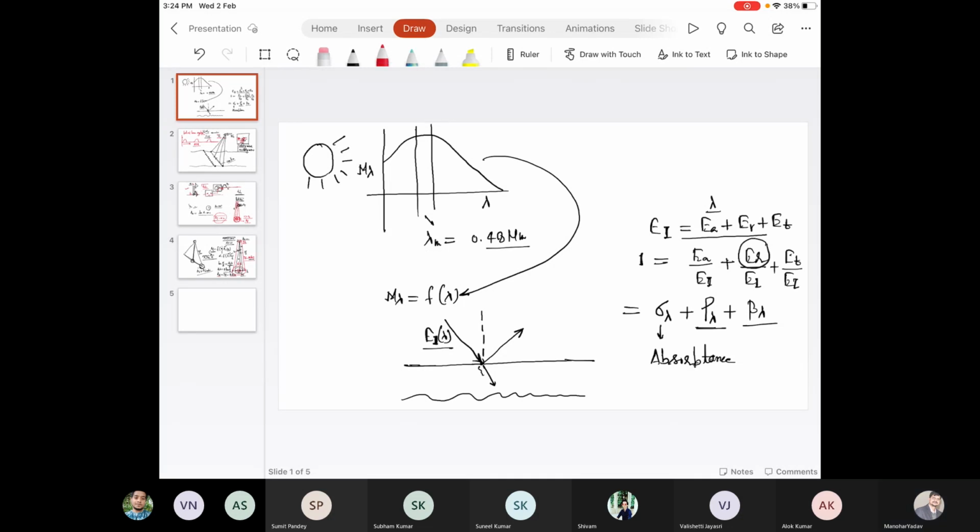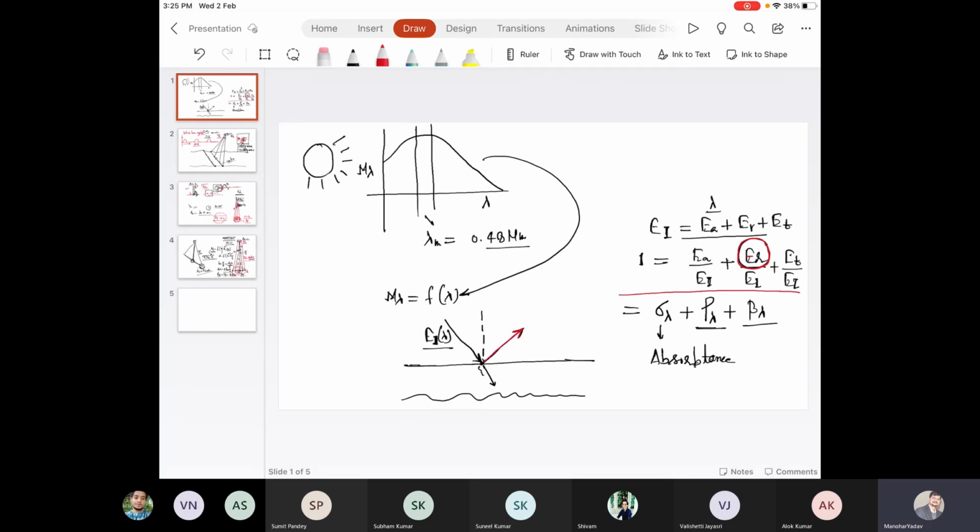When we analyze this equation for the water surface, what happens?